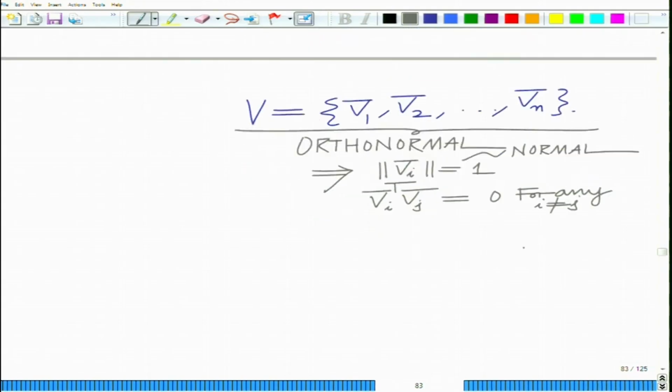Alright, and this basically represents the orthogonal property. So, they are orthonormal in the sense all the vectors in the set are orthogonal to each other and each vector has unit norm, alright, and they span the same subspace.